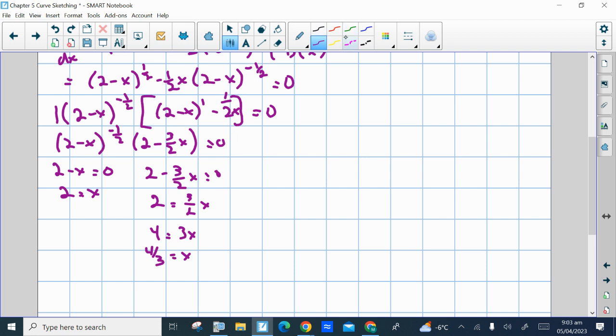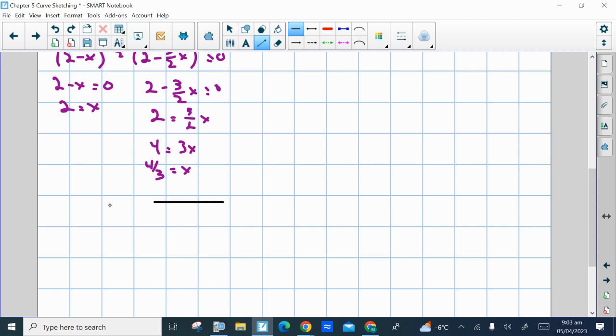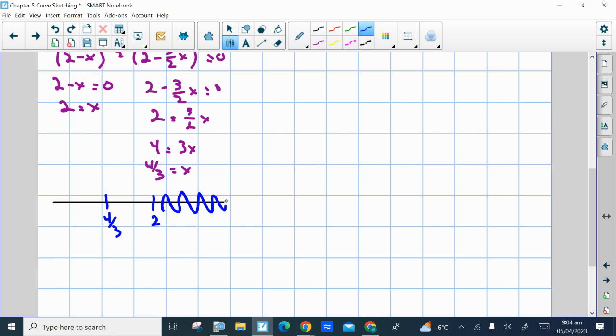So there's our critical numbers, we have positive 2 and we have positive 4/3. And again, we've already noted that our domain is that x must be less than or equal to 2. So we're not going to be looking at that last interval.